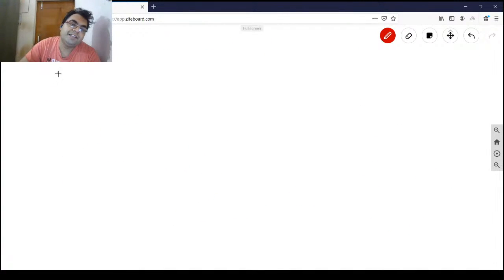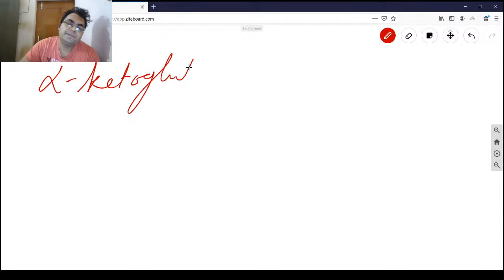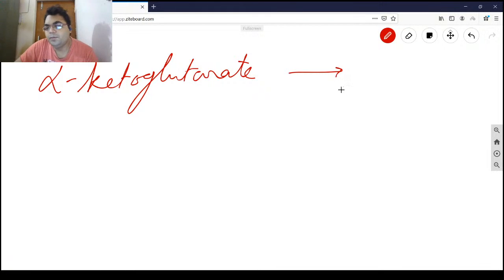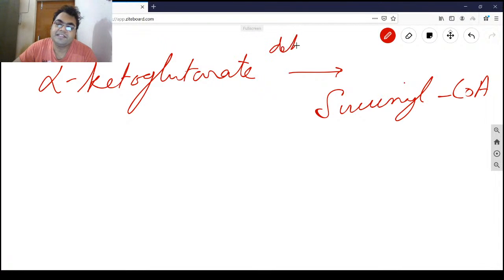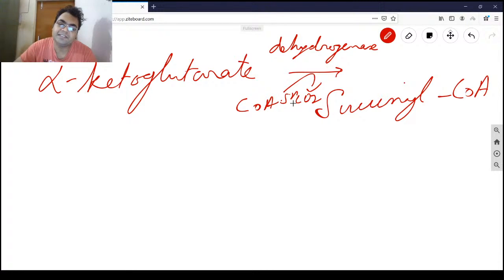After this you will have alpha ketoglutarate to succinyl CoA, catalyzed by alpha ketoglutarate dehydrogenase, an oxidative decarboxylation with CoA-SH.